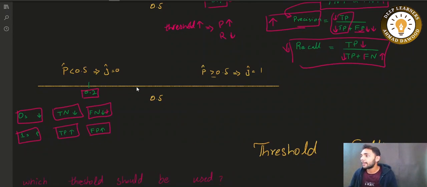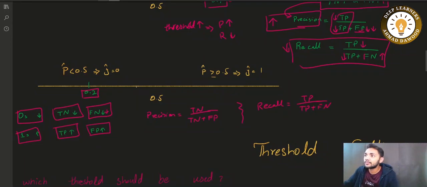Okay, so what will be the effect on precision and recall? If we first consider precision, true positives over true positives plus false positives, and recall will be true positives over true positives plus false negatives.